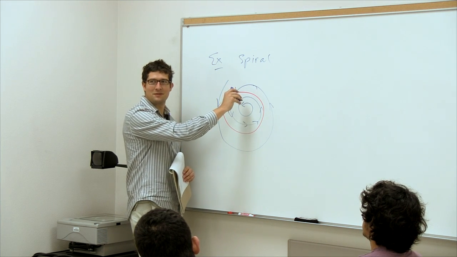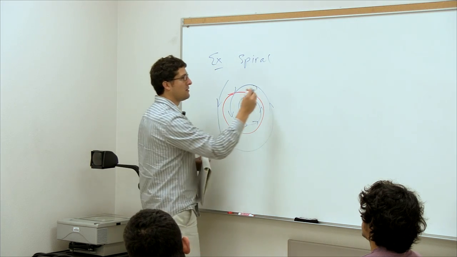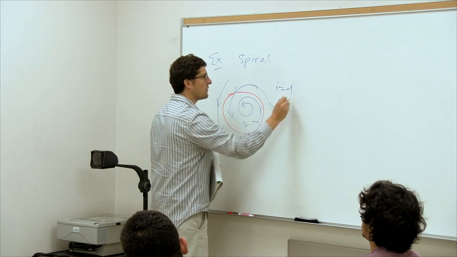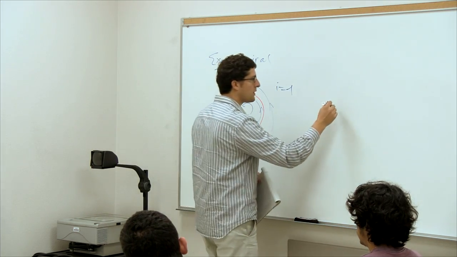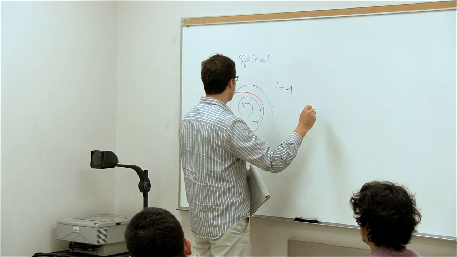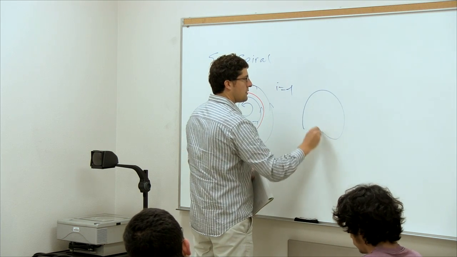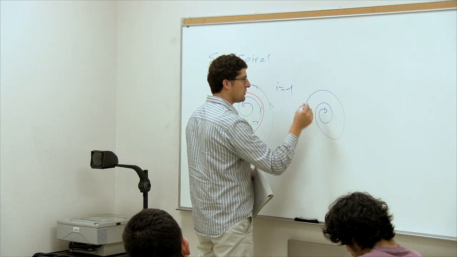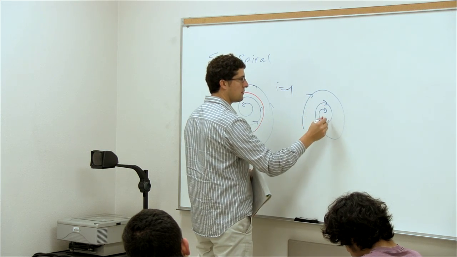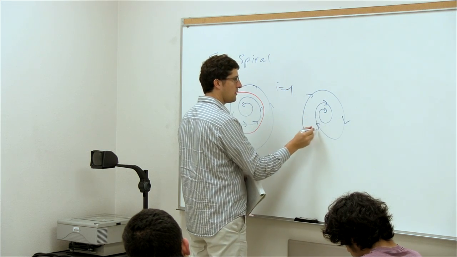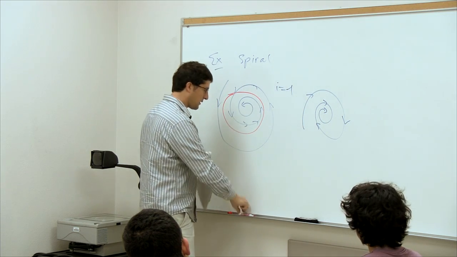So what was the index? The index is equal to 1. And if the spiral was spiraling in this other direction, then what do you think?